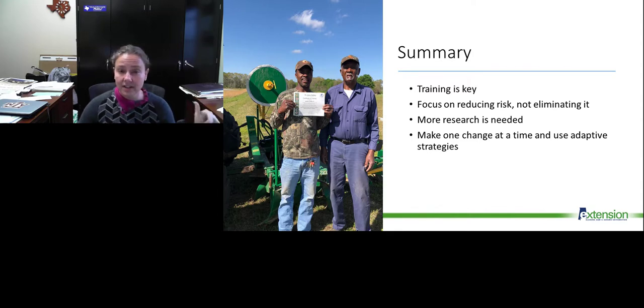More research is needed, especially in our area, and I would suggest making an adaptive strategy by changing one thing at a time, because we don't know what effects some of these strategies can have in different environments and different places. So one thing that I'm going to close with: when I was researching for this presentation, I found out that University of Georgia's Nikki Surratt will lead a study with Bill Snyder and Laurel Dunn, also at University of Georgia.